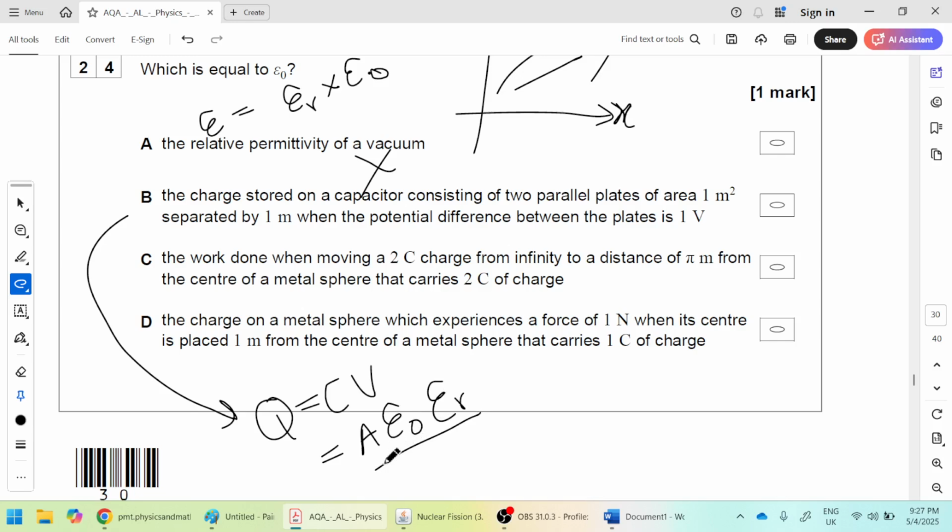I'm copying this directly from the equation sheet. Two parallel plates, area 1, so this becomes 1, separated by 1 meter, this becomes 1, potential difference is 1, this becomes 1, let's see.